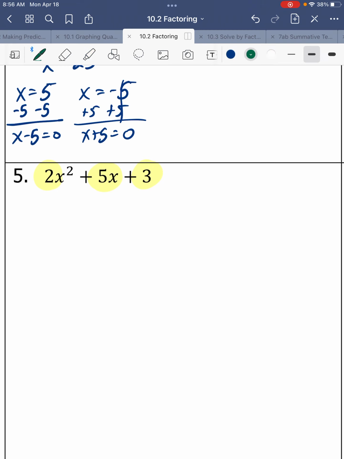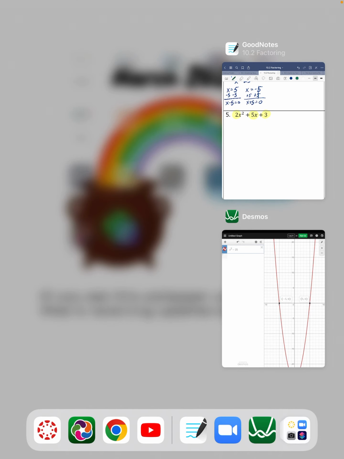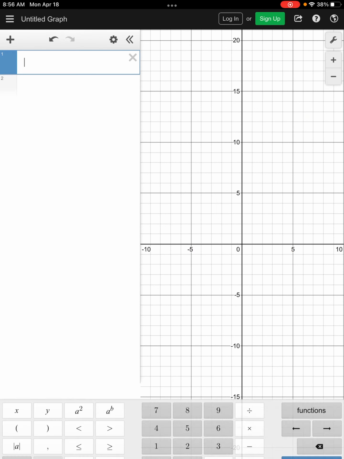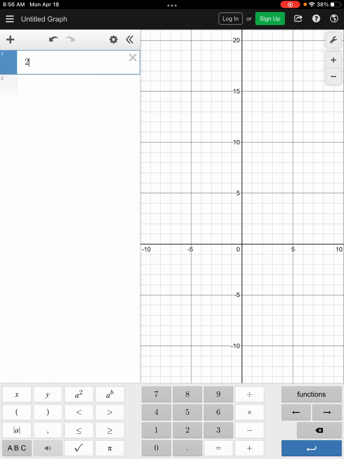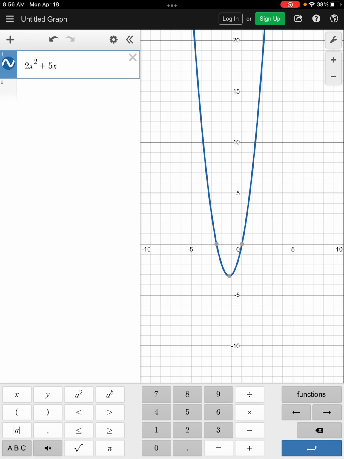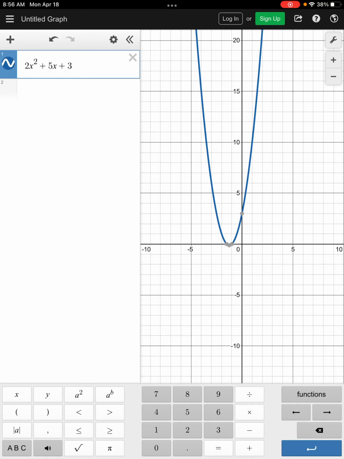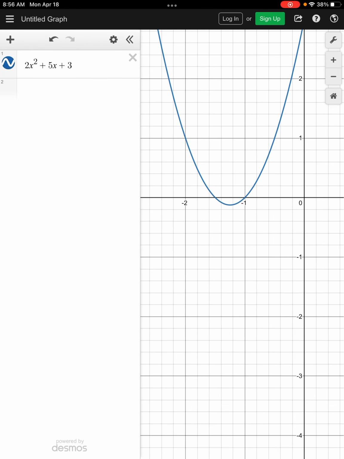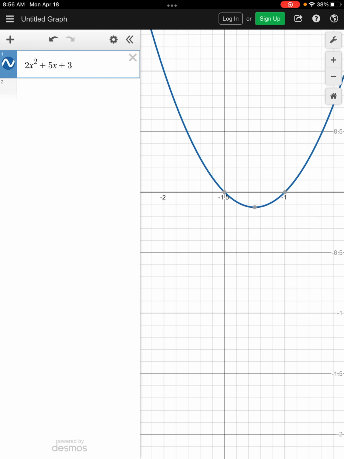So let's put this in Desmos. 2x squared plus 5x plus 3. Zoom in on your x-axis. We have negative 1 and negative 1.5.